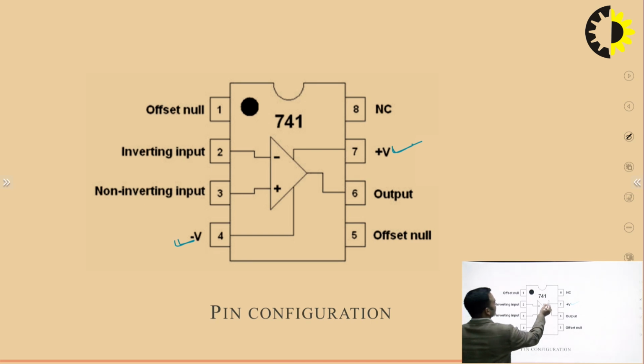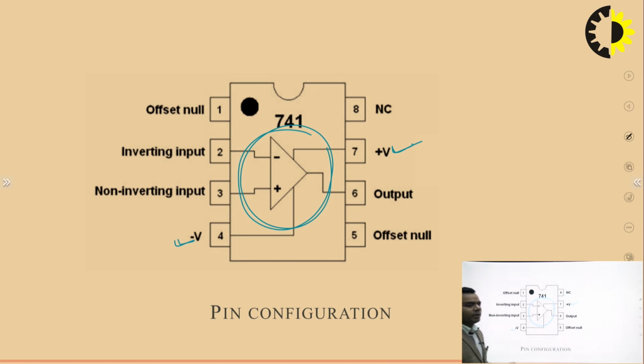That means the 8th pin has no connection and is not used practically. And you can see this is the diagram of the operational amplifier. Whenever you want to use this as an IC 741, you need to remember a few things. You can give the power supply at pin number 7 and pin number 4, plus VCC at the 7th pin and minus VEE at the 4th pin, and you will take output from pin 6.